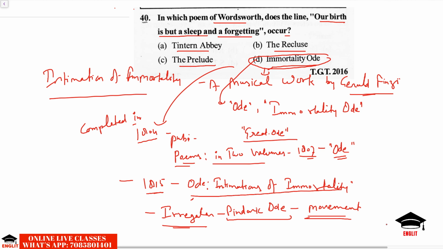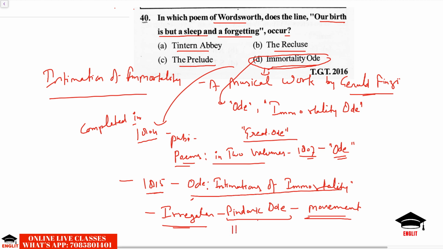When the members move anti-clockwise, it is antistrophe, and when they remain static, that part is called epode. So these three movements have also been dealt with in this poem, Immortality Ode. That's why it is an irregular Pindaric ode.